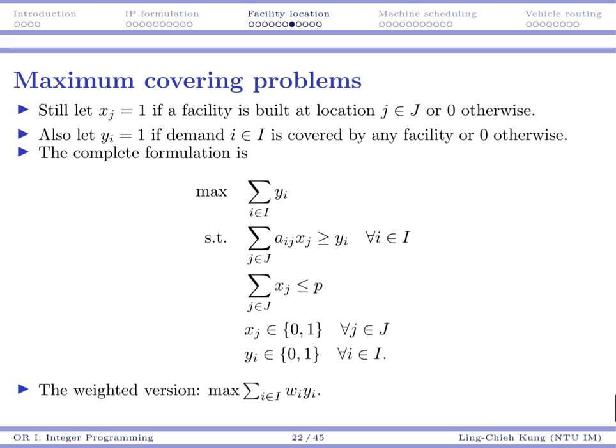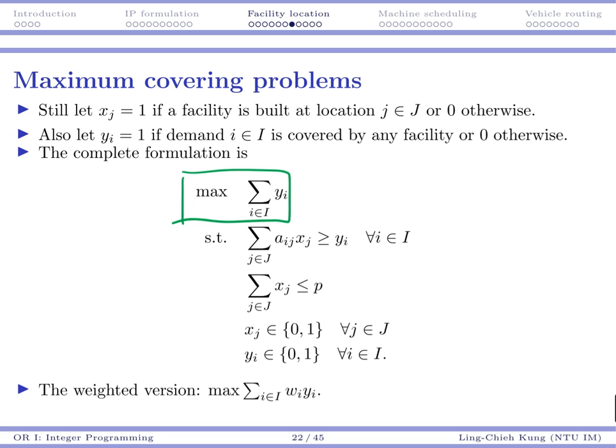Okay, so let's do the formulation. Still, xj would be 1 if a facility is built at location j, and 0 otherwise. But now we need a new set of decision variables. We need yi to be 1 if demand i is covered, or 0 otherwise. With that, we are able to write down our objective function.